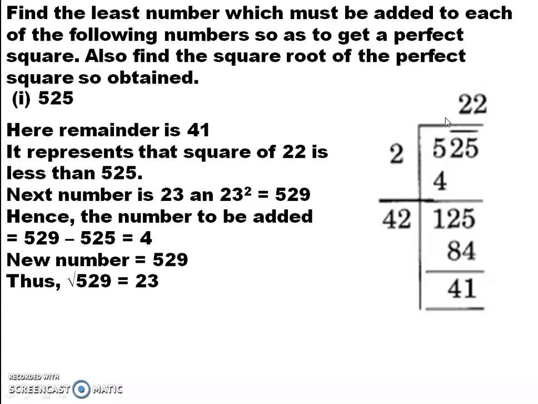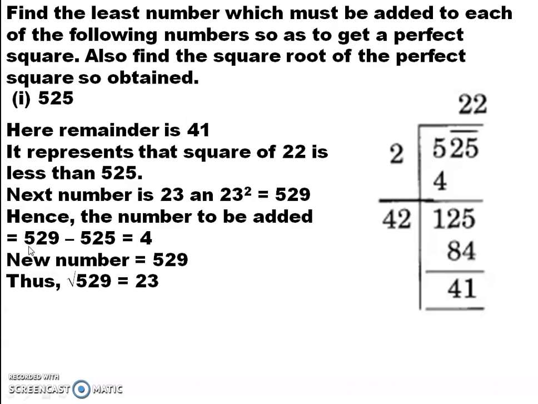So, which is the next whole number? The next whole number is 23. You will find 23 square. What is 23 square? It should be 529. 23 into 23 is 529. Now your answer is half completed.